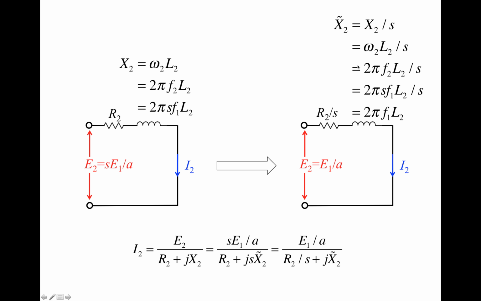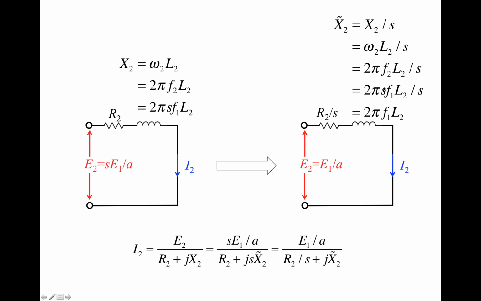So what's the expression for X2 wiggle? X2 wiggle equals X2 divided by S. X2 equals the angular frequency omega 2 times the inductance L2. If we convert the radian angular frequency to hertz, then it's 2 pi F2 times L2.